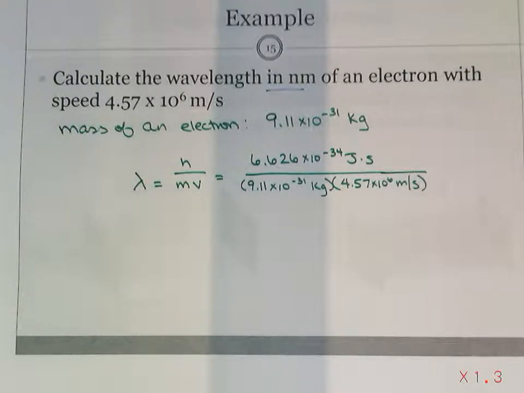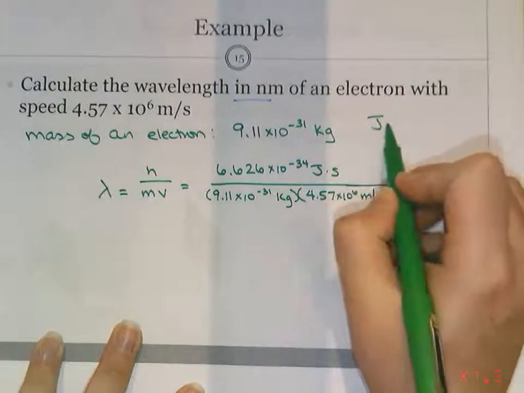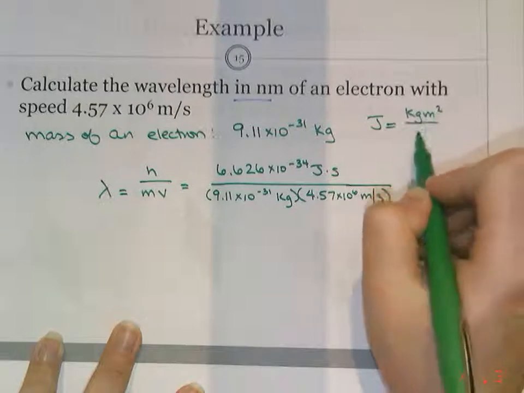Don't worry. Turns out, you would never know this off the top of your head, but if you went to the back of the book, you would find out that a joule is equal to a kilogram meter squared per second squared. Turns out, funny enough.